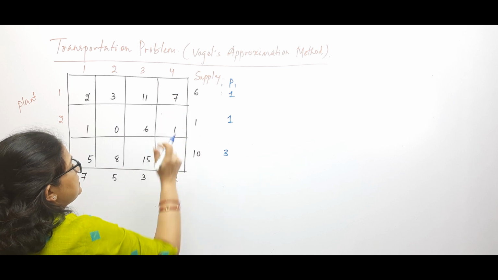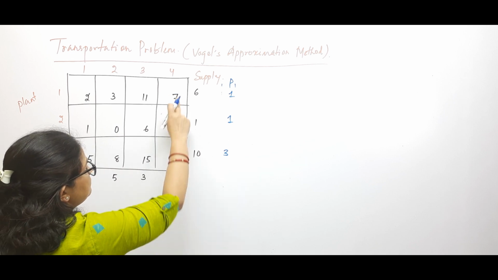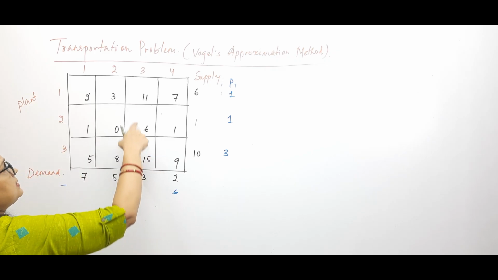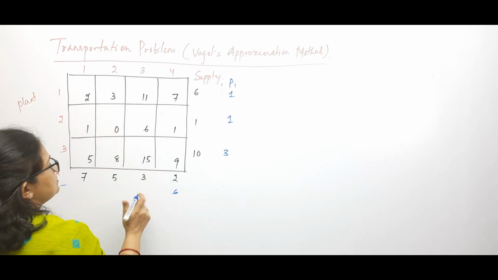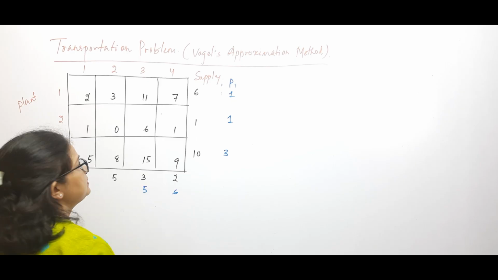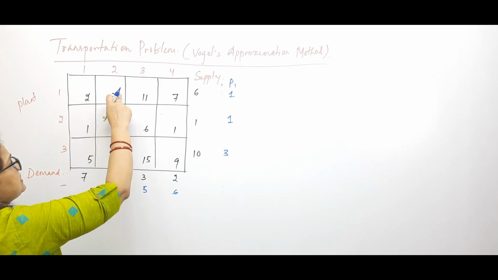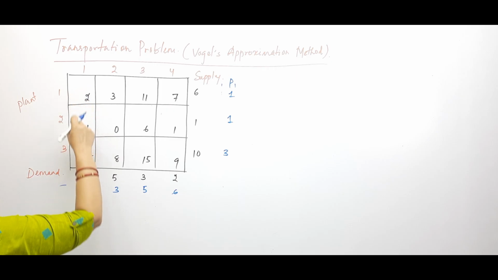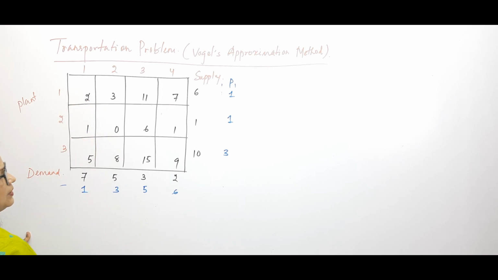So 7 minus 1 is 6. For this case, it is 6 and 11, so the difference is 5 here. For this case, it is 3 and 0, the difference is 3. For this case, 2 and 1, so the difference is 1.